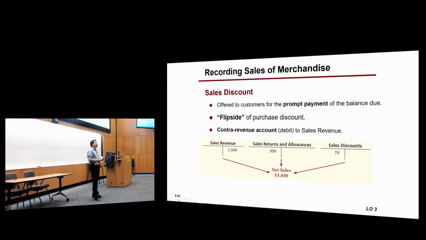Once again, the companies here use a contra revenue account. They don't want to touch the sales revenue number. They want to keep that number intact. Instead, they use contra revenue accounts. So what's the contra revenue account here? Sales discount. Remember in the purchases, what was the account that was used?